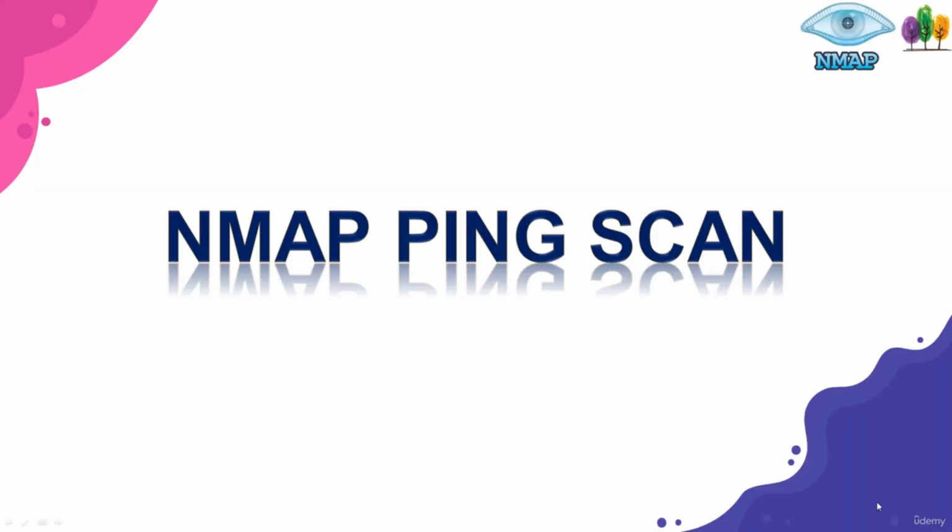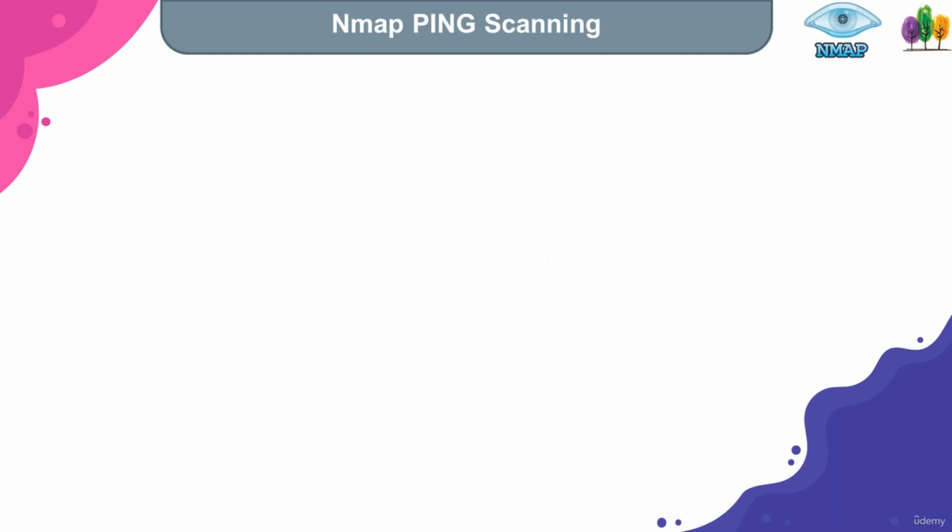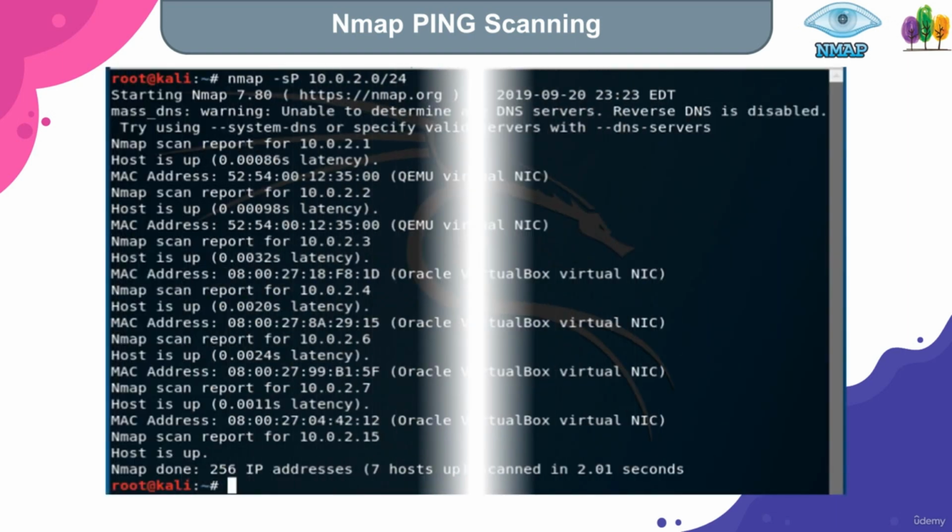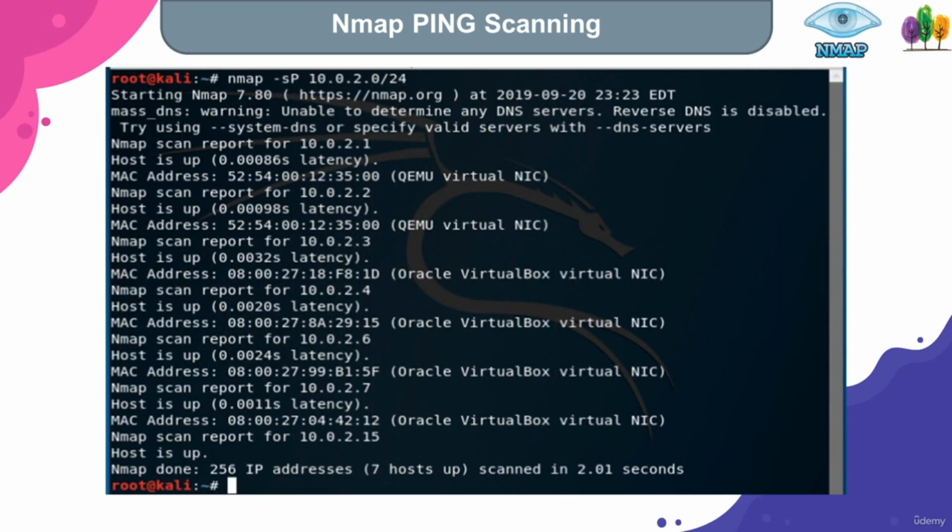Nmap ping scan: nmap -sP target. This scan type lists the hosts in the specified range that will respond to a ping. It allows you to determine which computers are online rather than which ports are open. Basically there are 4 methods in Nmap for ping scanning.